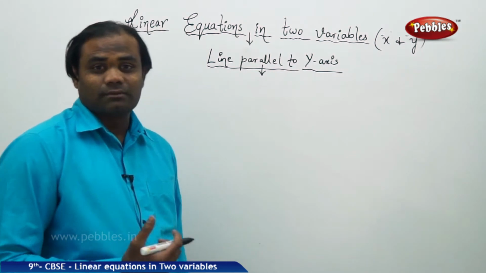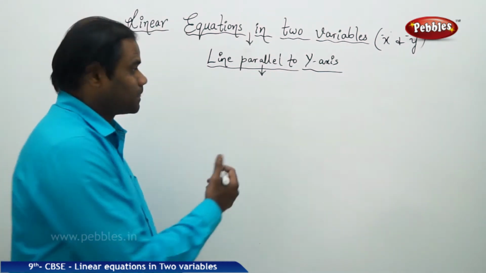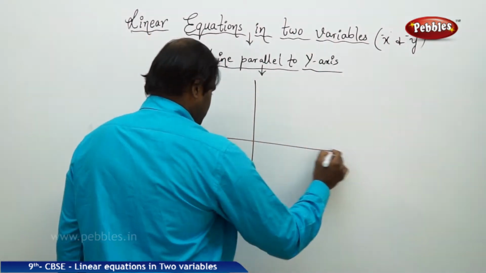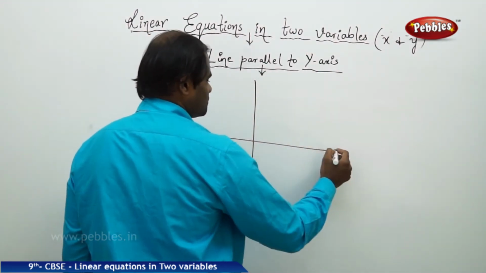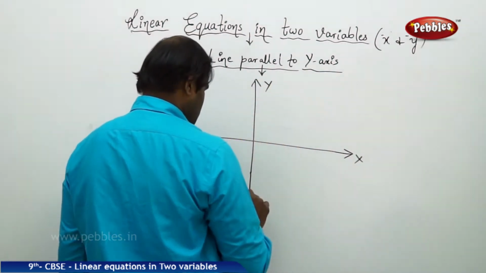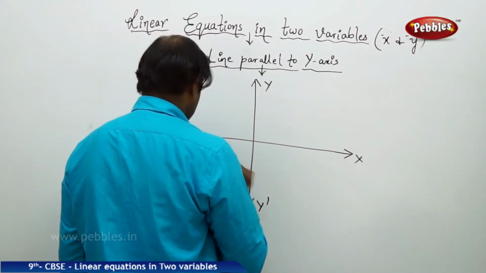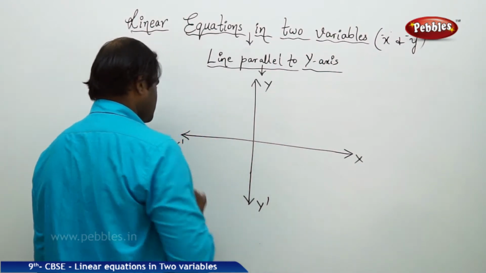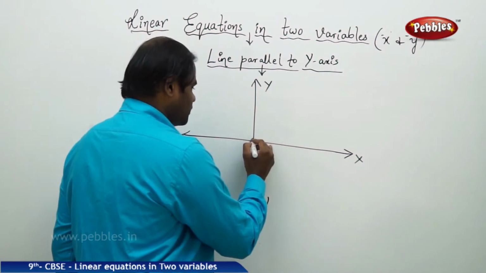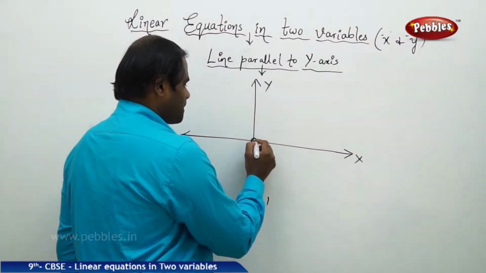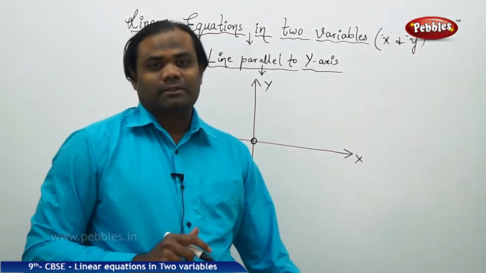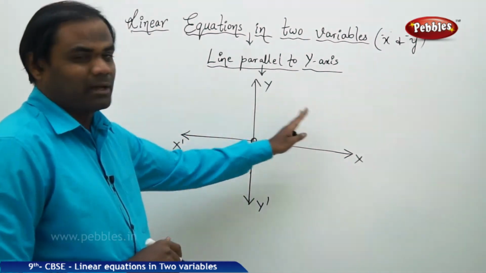Let's start this with the Cartesian plane, which is x, y, x, x dash and y, y dash, intersecting at origin, and then let's take a line which is parallel to y-axis.